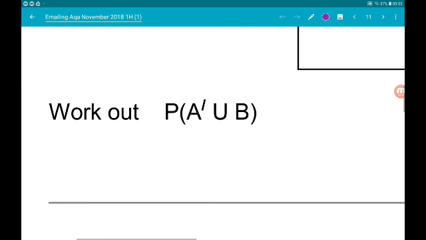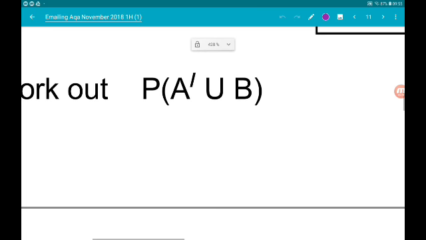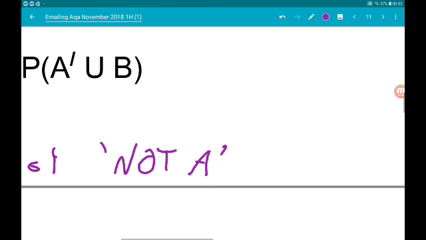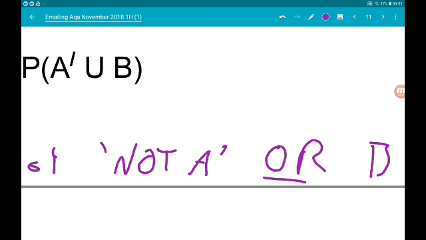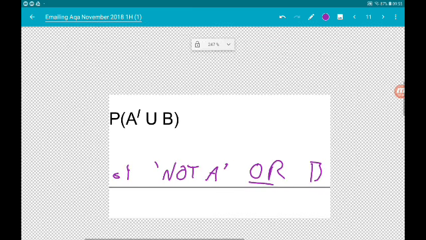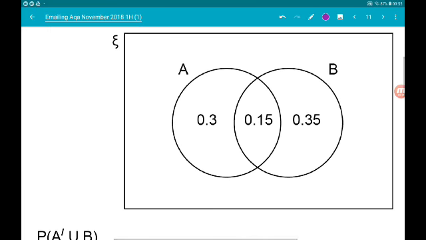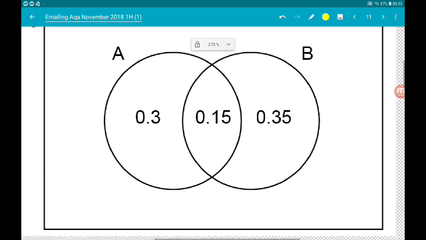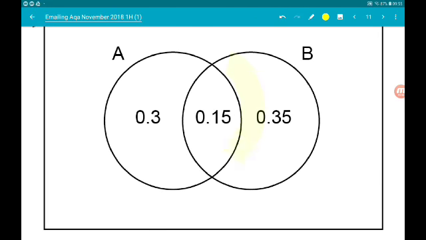We want to work out the probability of A dash union B. Now, in English, this means the probability of not A or B. So, the sections that we want is, so we're allowed B, so we definitely want this bit.